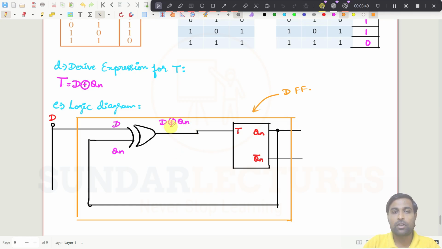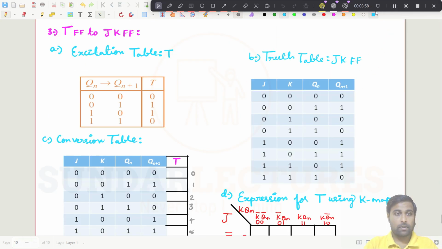So the next topic, we are going to convert T flip flop into JK flip flop, right? That I will show you now. You can see the next one is T flip flop to JK flip flop.